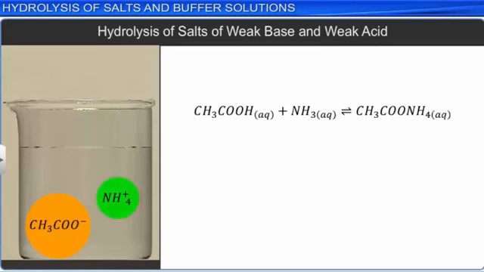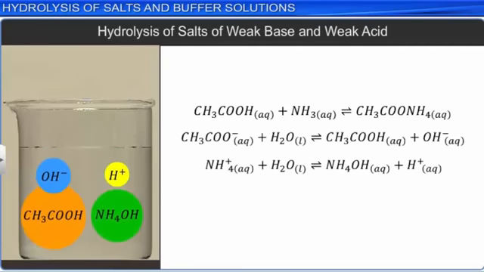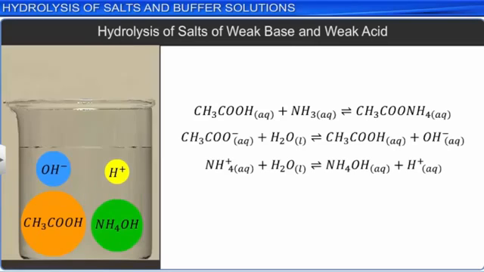Hence, both of them undergo hydrolysis in aqueous solution. As H+ and OH- are produced, the solution is almost neutral. That is, the pH of the solution is nearly 7.